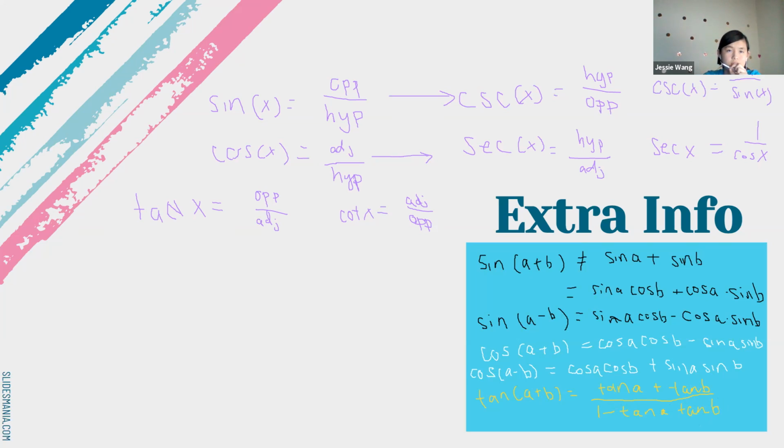And so the same can also be said for, let me make the rectangle a little longer. All right, there we go. So the same can be said for tan of a minus b. This is equal to tan of a minus tan of b.